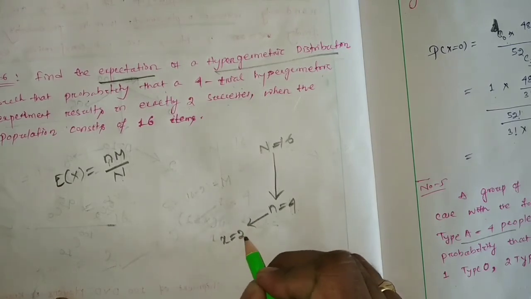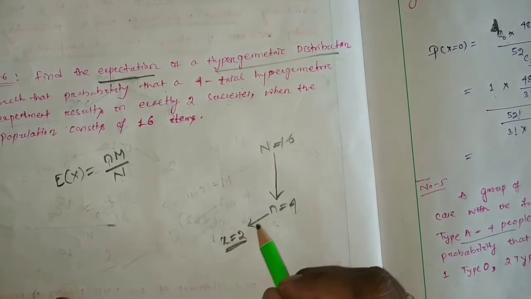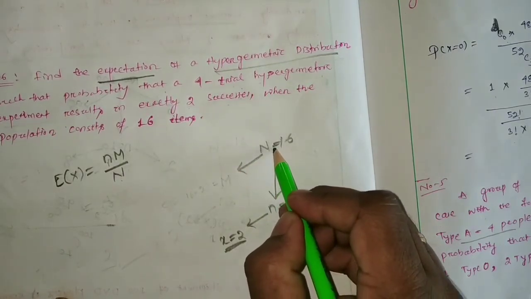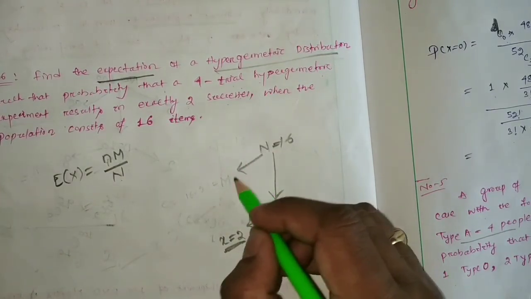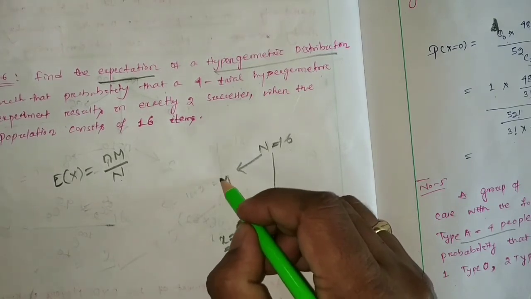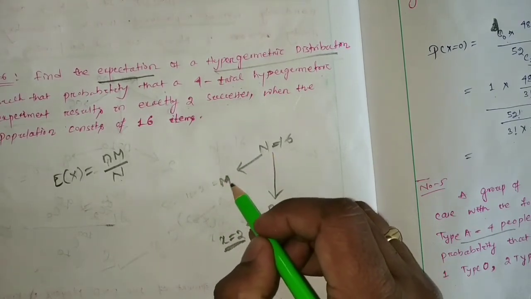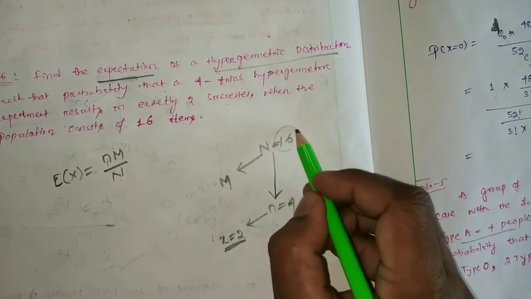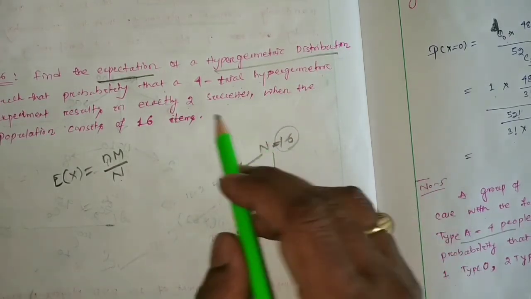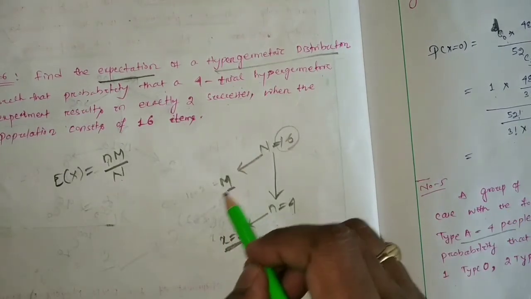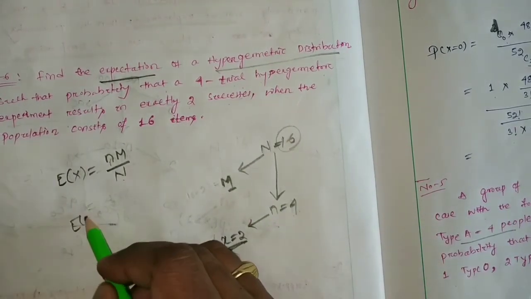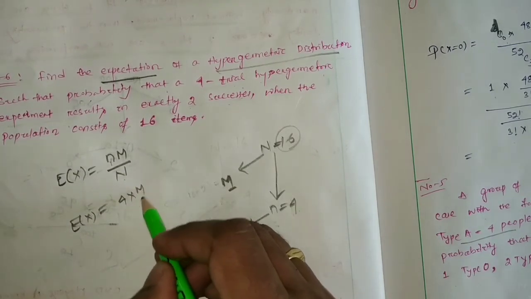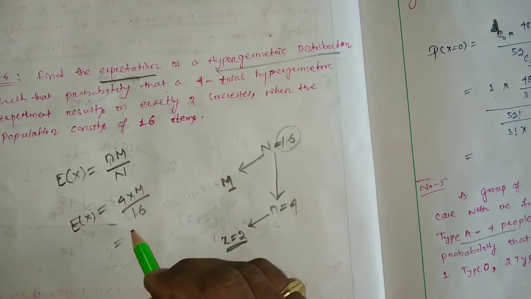The total successes among the 16 is not given, so arbitrarily we can consider it as M. So the expectation value will be 4 into M by 16, which is M by 4.